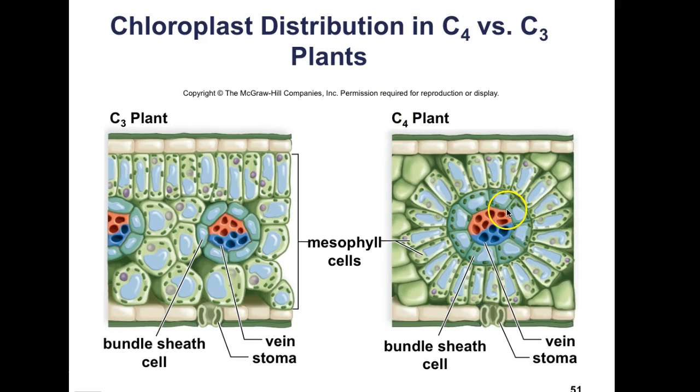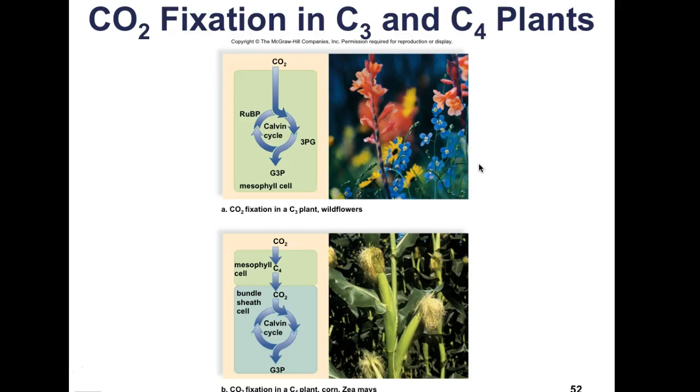So here is the C3 plant pathway. This is what we normally see here. Look at the arrangement of the mesophyll cells. We get all these cells wrapped around the vascular bundle, or the vein of the plant. These would be at right angles in the C4 plant.